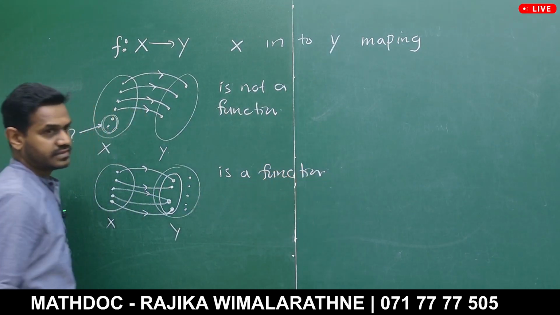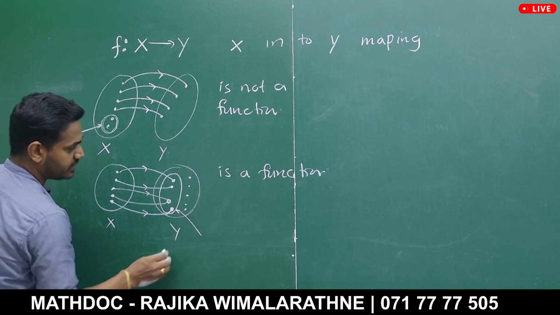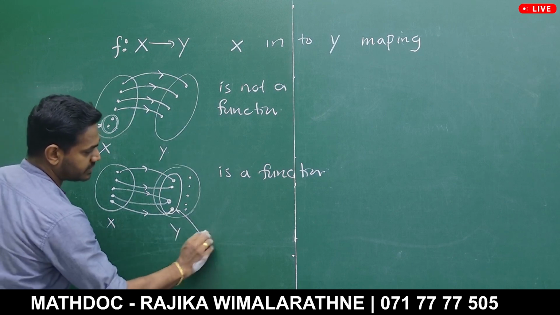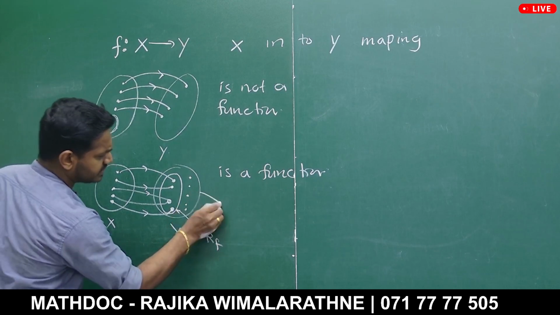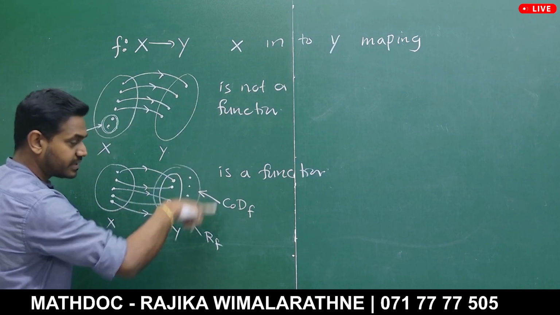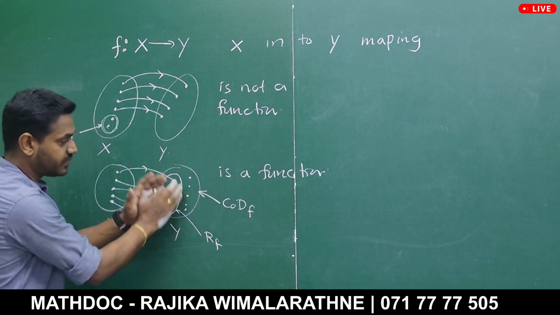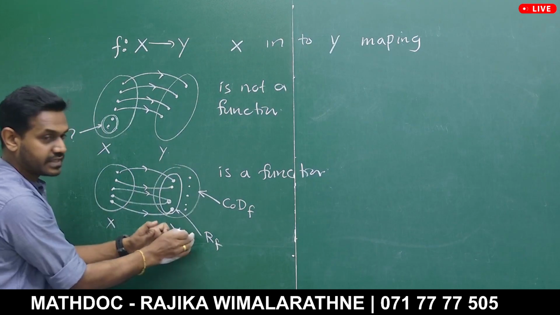It's a function. But anyway, here this set we call the range, and here this is called the codomain. So if we have some other extra values there, then it is a set, no? But exactly the corresponding values we say is the range.